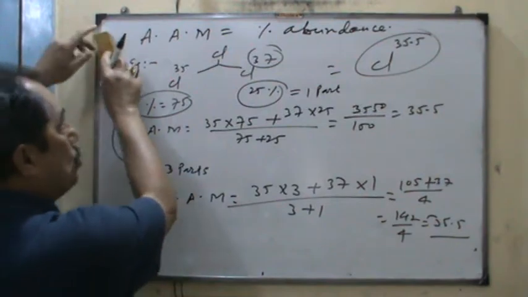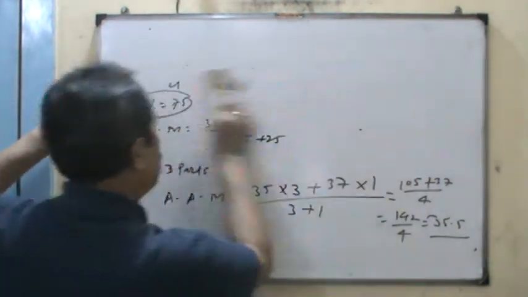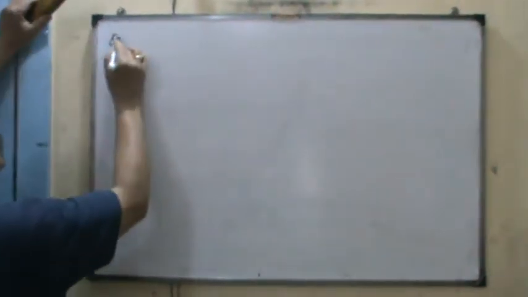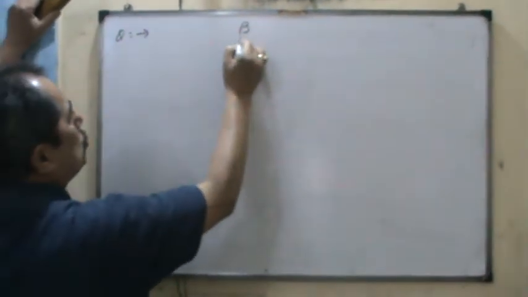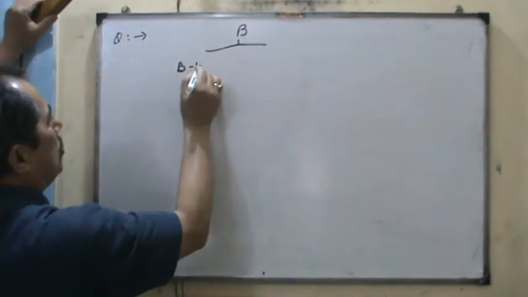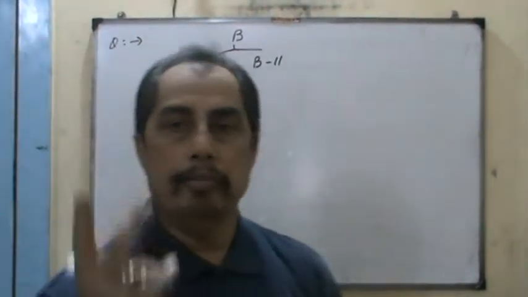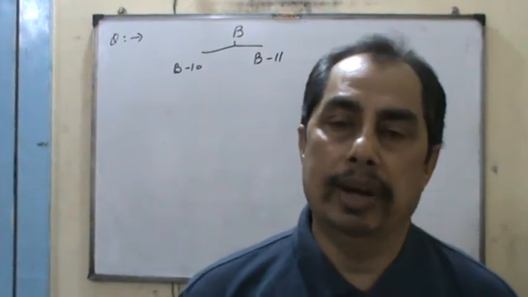So I change this question. I give you the other question. My dear students, solve this. Write down. Boron has 2 isotopes, boron 10 and boron 11. Right. Boron has 2 isotopes. One is the 10 and boron exists in 11.